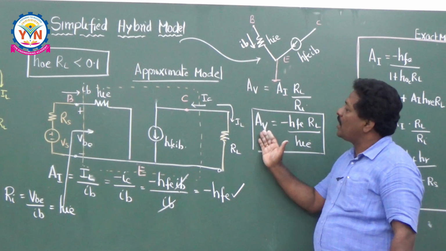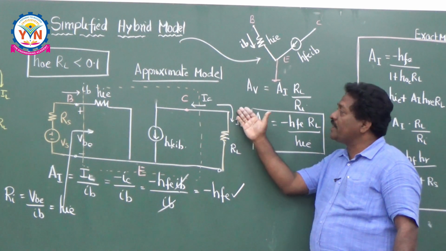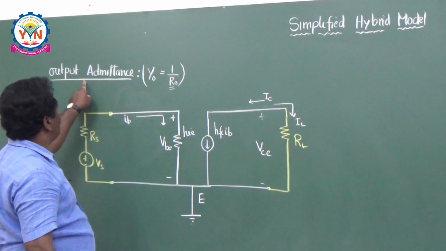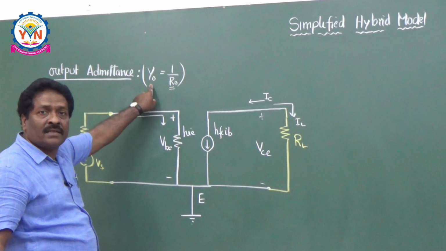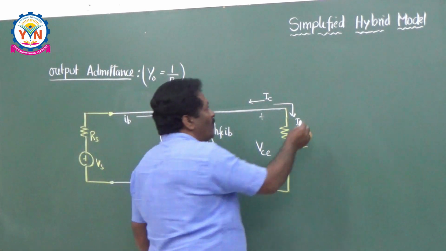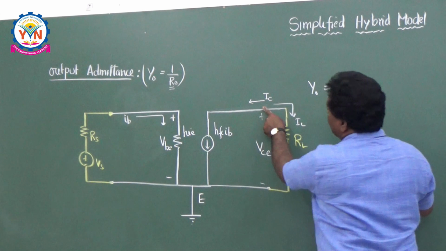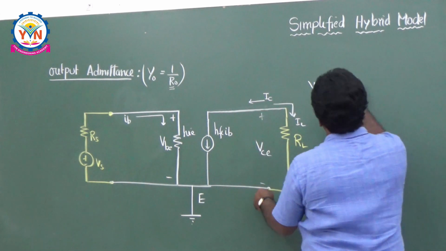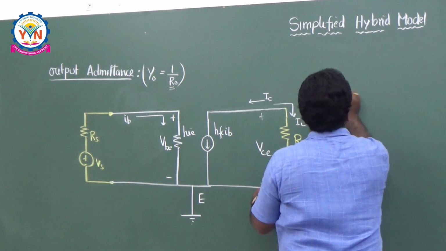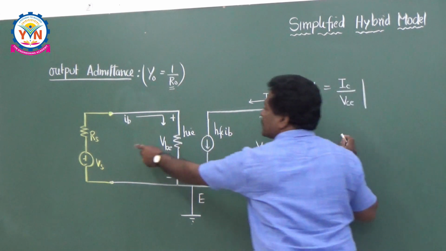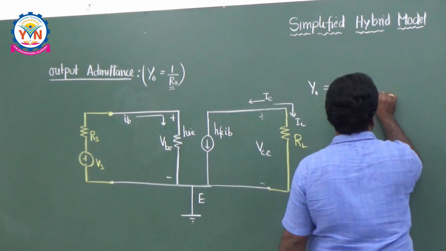Now let us see how you calculate the output admittance for this circuit. In the last class I already told you, output admittance Y0 is equal to output current by output voltage, IC by VCE, when the internal sources are set equal to 0, that is, Vs is equal to 0.